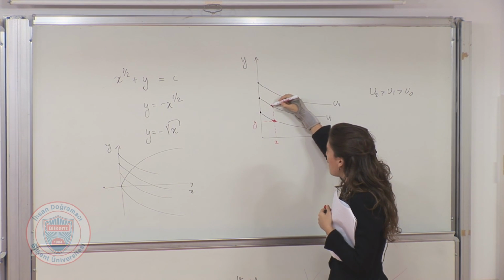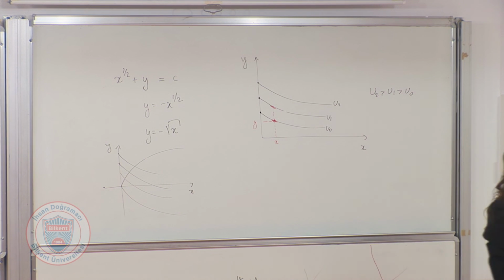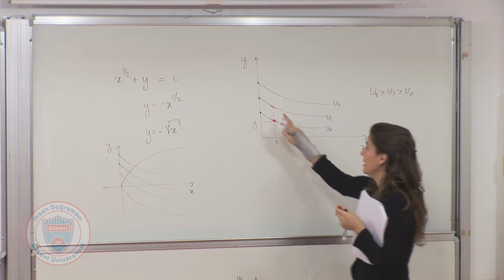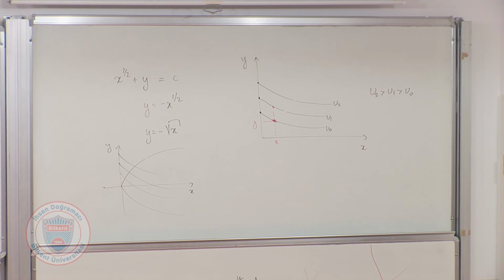What can I say about the MRS at this point? Same. Why? Slope is the same. No, we said that it's not homothetic. How do I know that the MRS at that point is the same? Because x is the same, because it only depends on x. Only x governs.